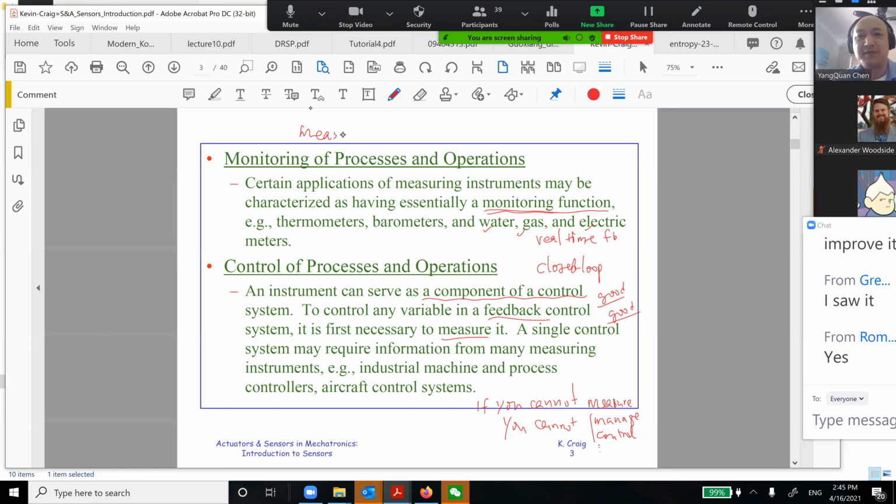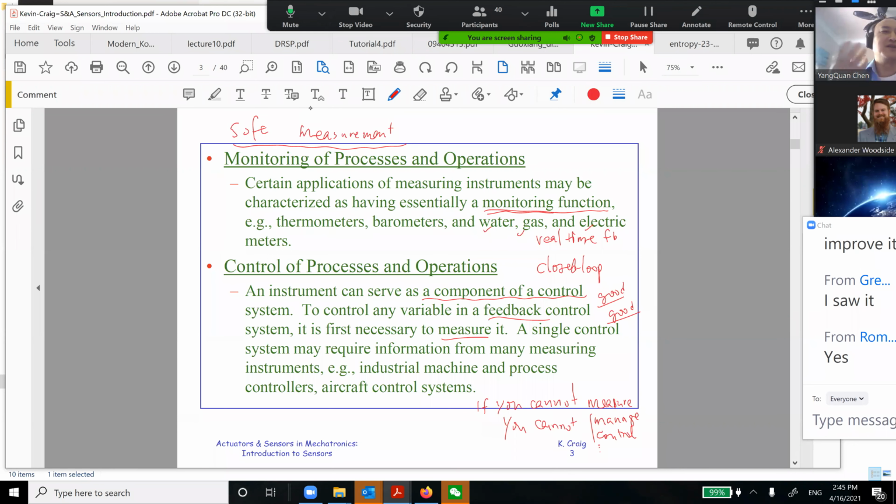Some of them you cannot measure directly, so you have to infer from other measurements. This is called soft measurement, but it's still considered a measurement. You measure something else and use those together to infer what's going on.